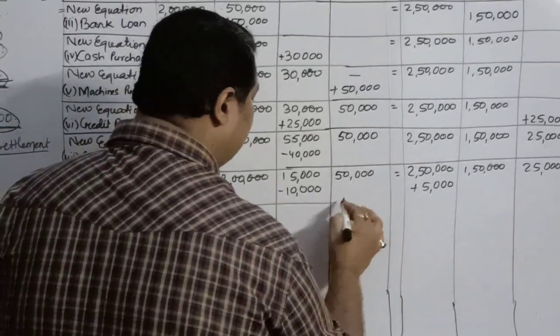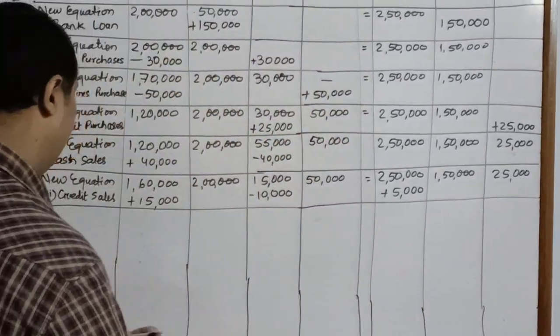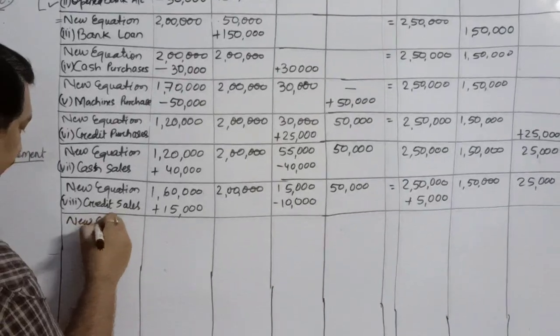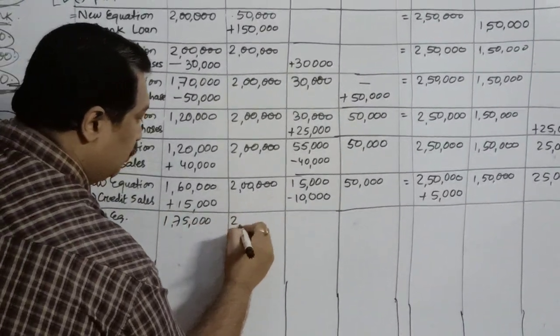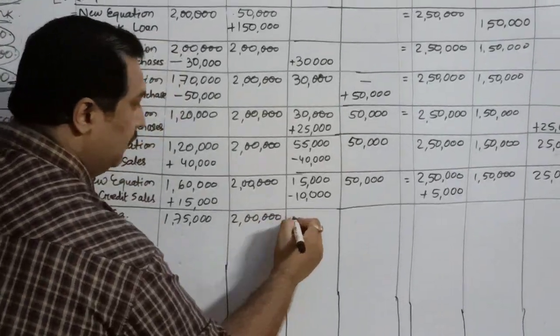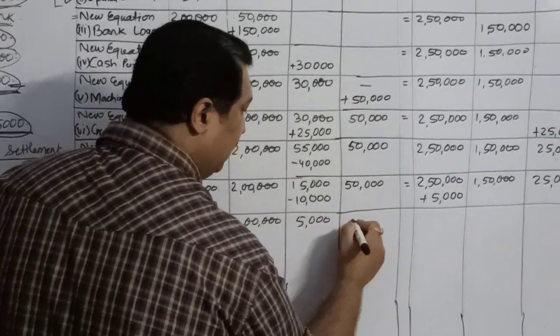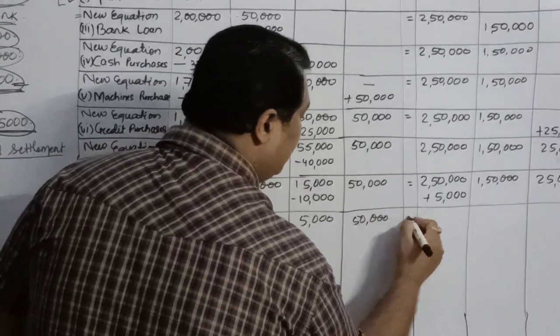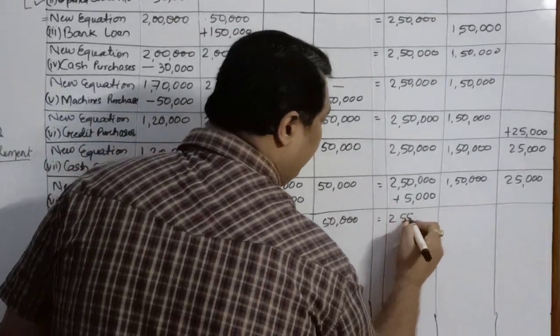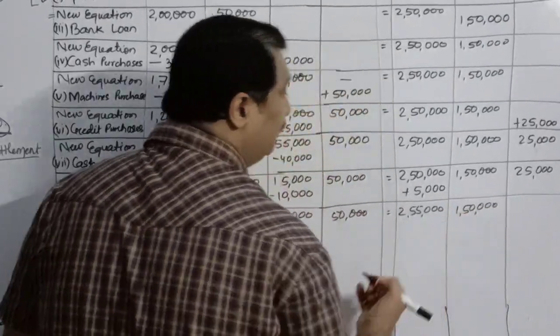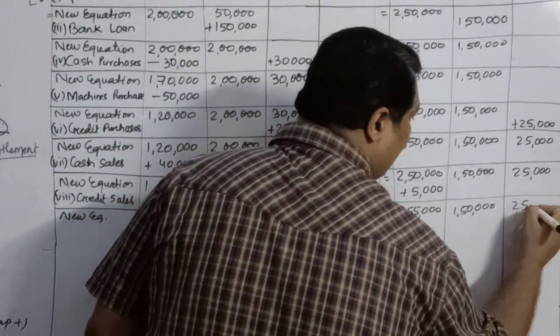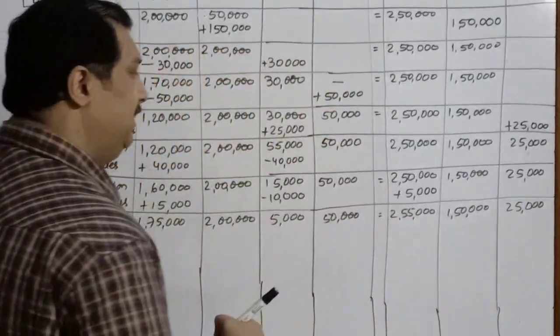So what is my new status now? My new equation is 1,75,000 cash, 5,000 stock left, 50,000 machines. 2,55,000 is the capital now, 1,50,000 is the bank loan, and 25,000 are my creditors.